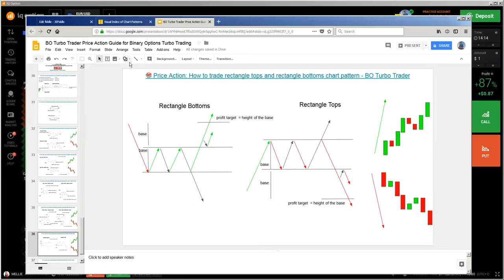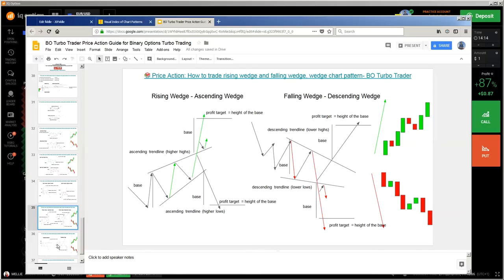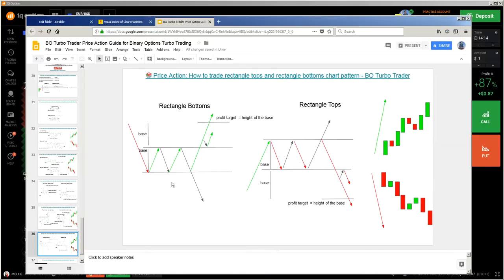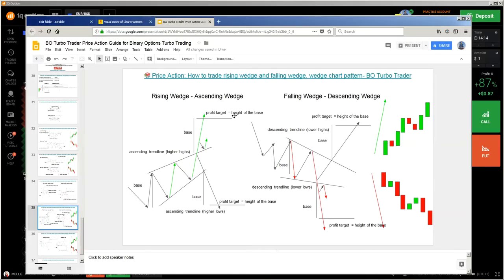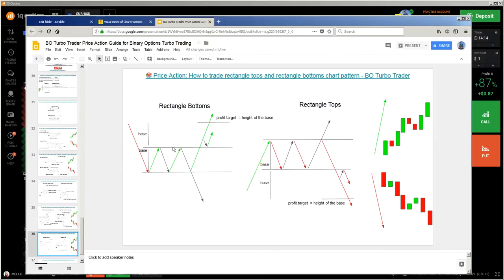So let me write this here. It's parallel, yes, that's why I mentioned that this would be some kind of ranging market, yes, and the same thing could also happen when there are two EMAs, two Fibonacci levels, yes, then the same thing will happen, the price will move between those things, yes, between those trend lines.